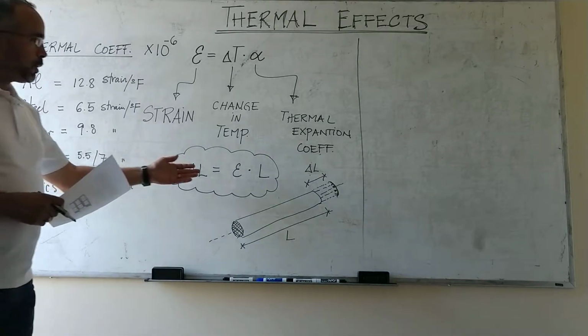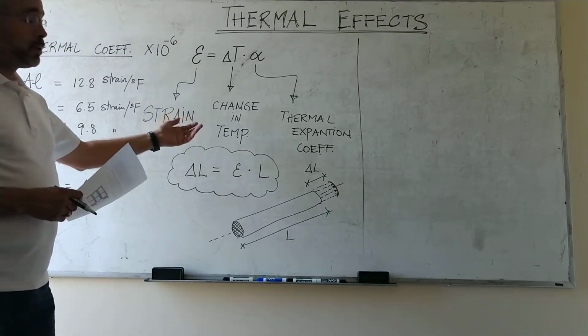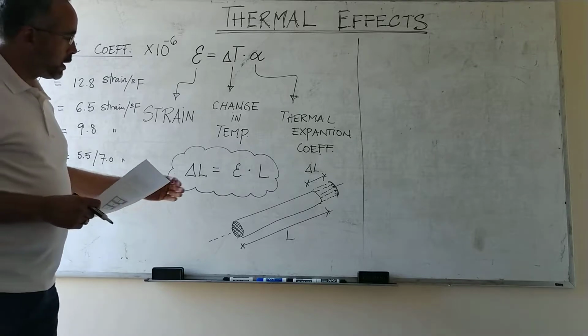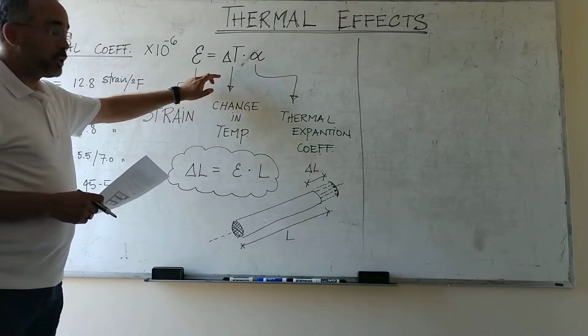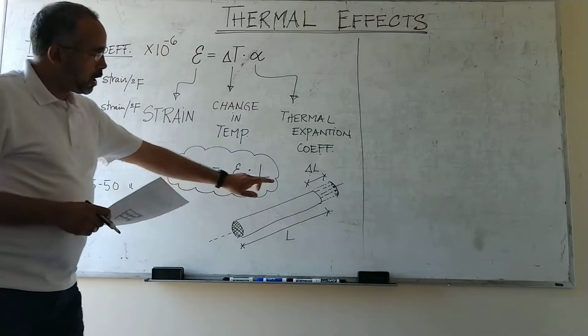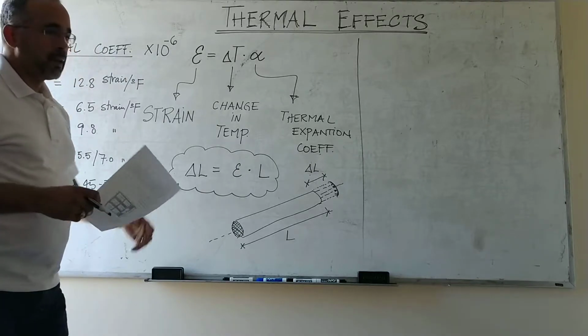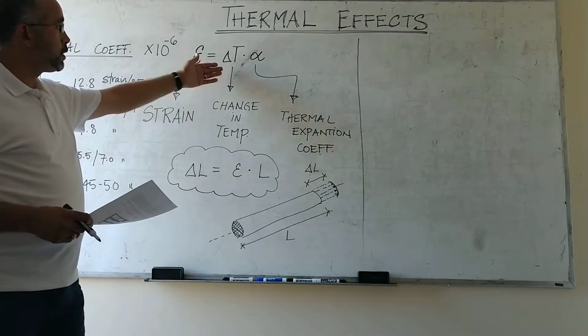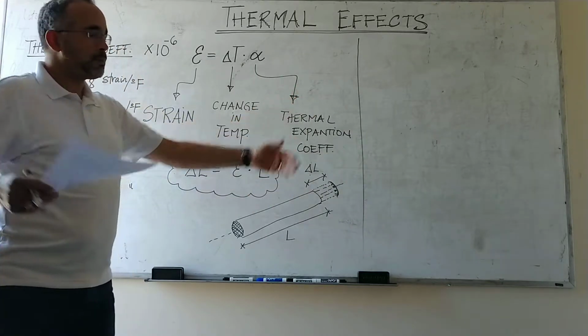So why is it important to understand the effects of temperature on structures? Well, because the strain caused by the change in temperature will cause an elongation of the material, a change in volume. So if the temperature goes up, the material will expand.